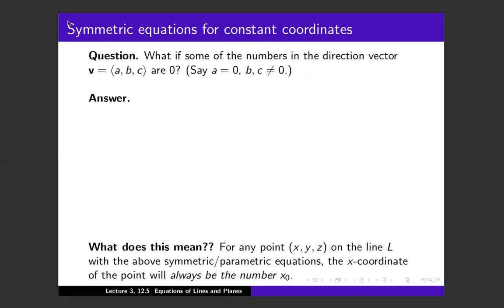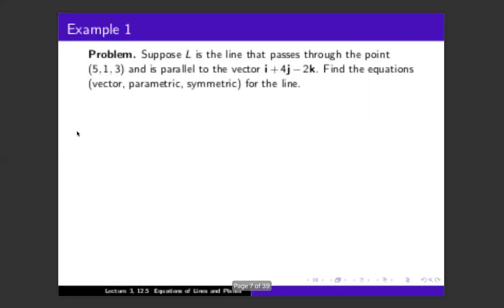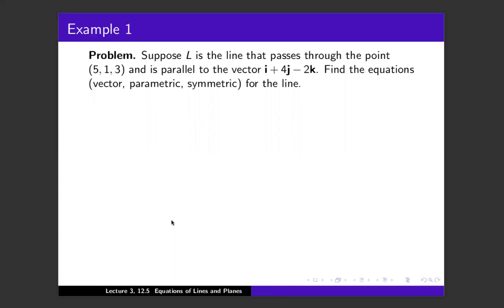Now, suppose you have that a line L is the line that's passing through the point 5, 1, 3 and is parallel to the vector i plus 4j minus 2k. So find the vector, parametric, and symmetric equations for the line.